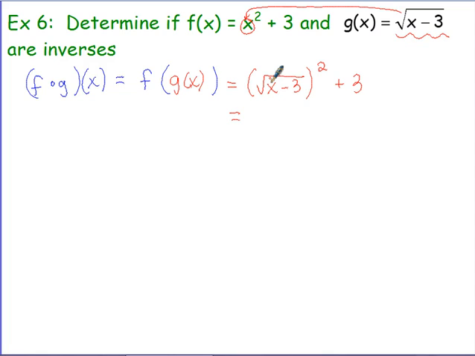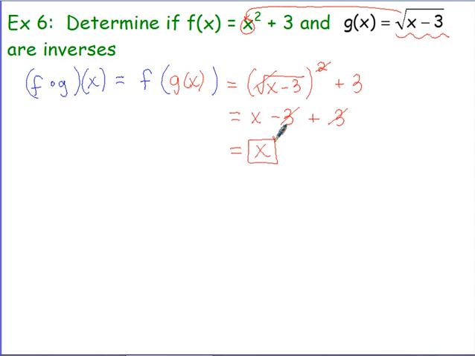Because we've talked about this. You should remember that squares and square roots cancel. So this guy and that guy cancel. So we're left with x minus 3 plus 3. And so you're looking now, and you should think, well, those also cancel, because one's a negative 3 and one's a positive 3. So we're left with x, which is what we wanted.